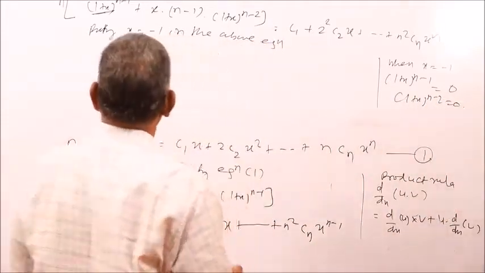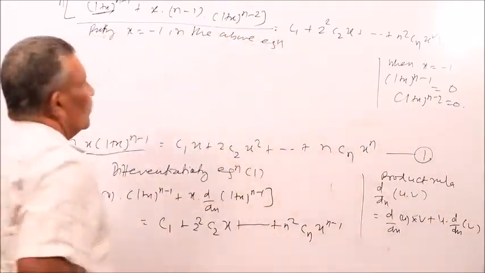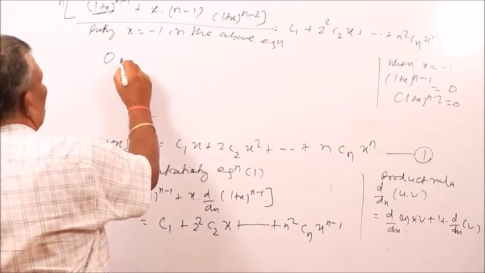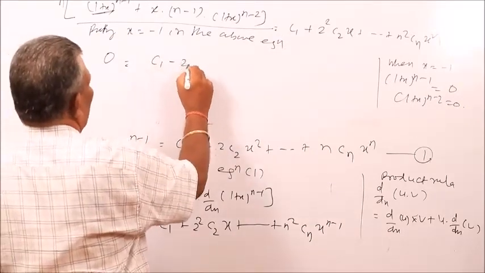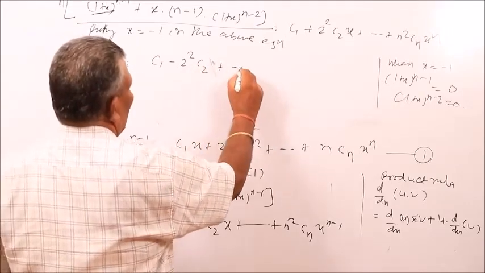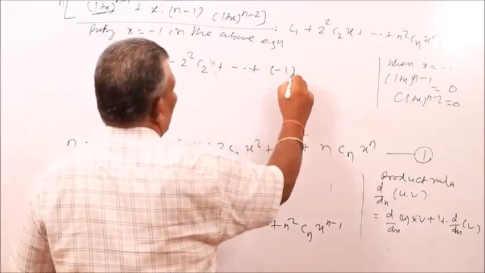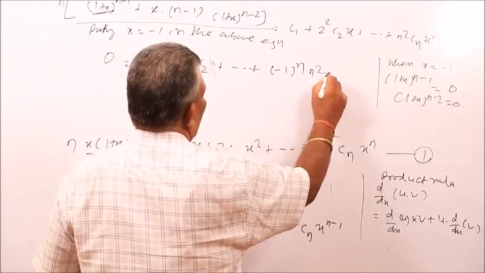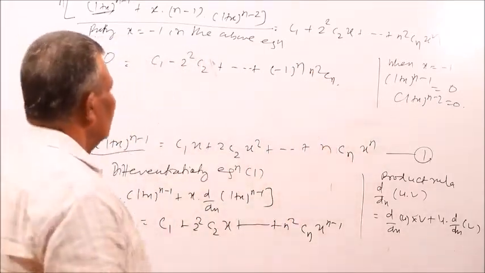That means your LHS will be equal to 0. So 0 equals c1 minus 2 square c2 plus dot dot plus (minus 1) to the power n minus 1 n square cn, like this.